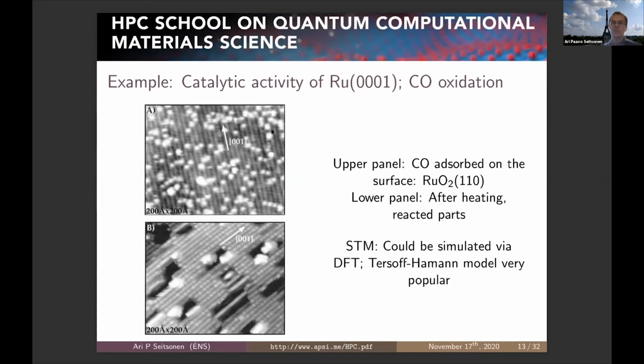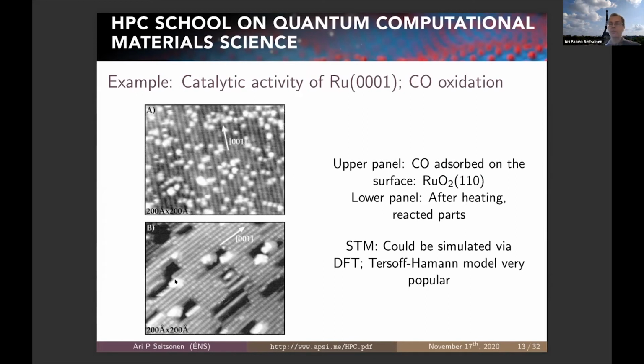So then just quickly about the reactivity. In the experiment, when they deposited the CO on the surface, they see these bright spots on this ruthenium dioxide surface. Those are, of course, the adsorbed CO molecules. And when they heated up the system and provided some oxygen, after the reaction they saw some grooves and metallic particles of ruthenium.